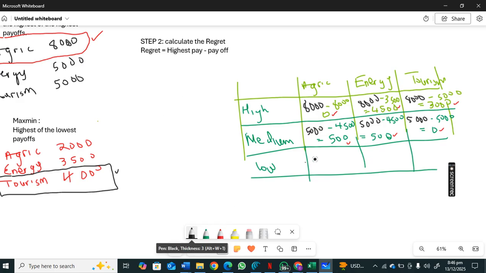All right, so when demand is low, the highest payoff is 5,000. The one in black is the highest payoff. So this highest payoff, we're subtracting it from each individual payoff.